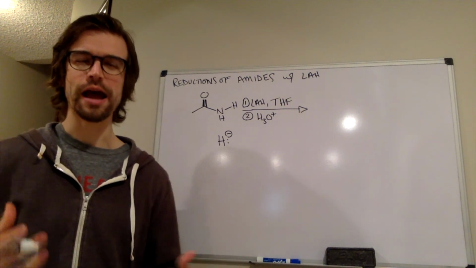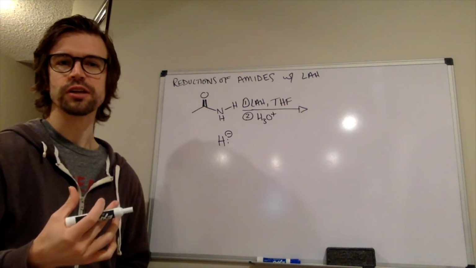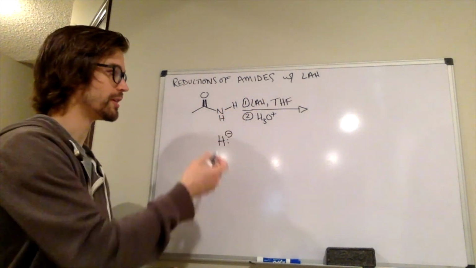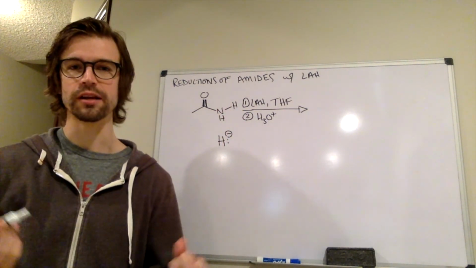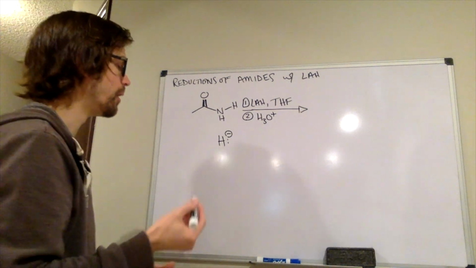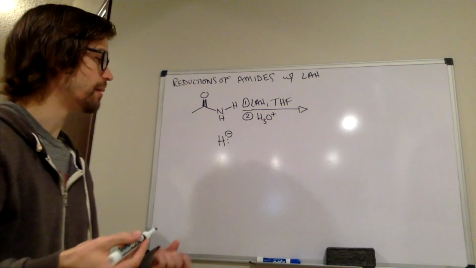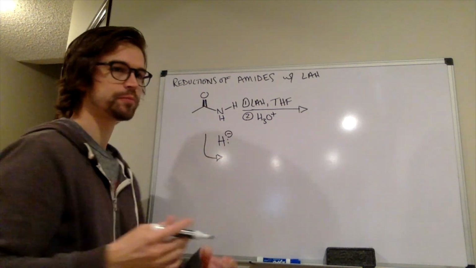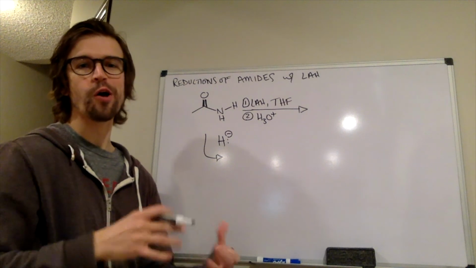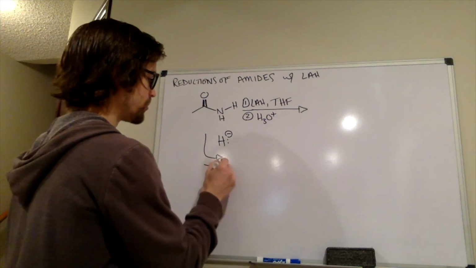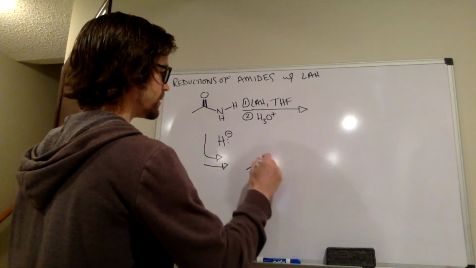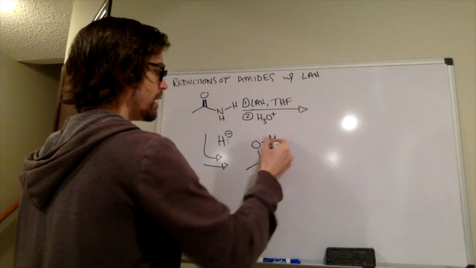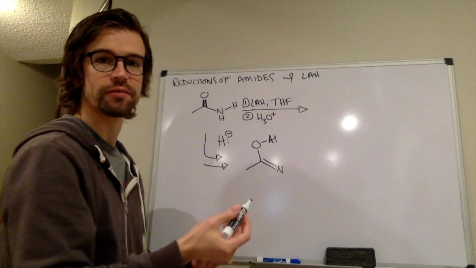So how does it work then? How do we get the reduction of the amides, or actually the carboxylic acids too, because that OH bond would also be deprotonated by that hydride. But essentially what happens in both of these cases is that instead of having OC or OH as our leaving group, I'm just going to draw a couple arrows to show this, but essentially we're going to have an O aluminum leaving group.